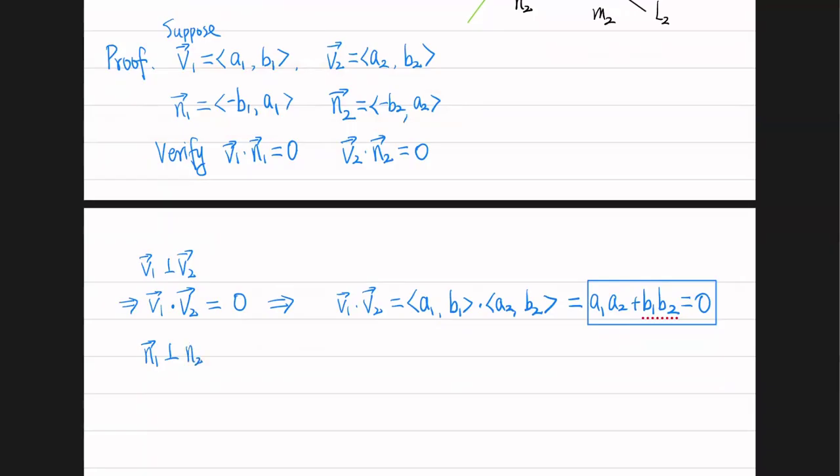Two vectors are perpendicular if their dot product is 0. Check.